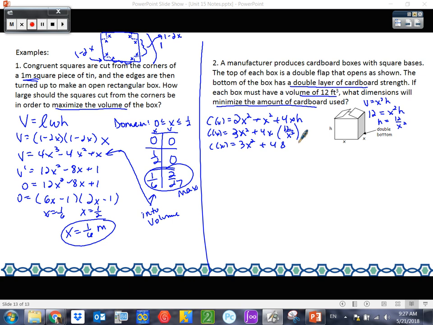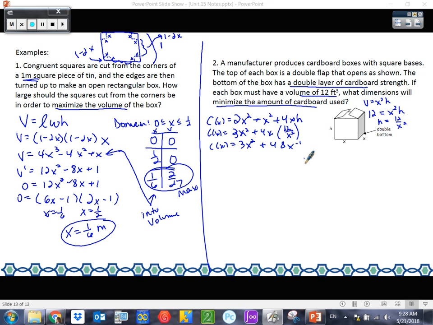That's what it would be, simplified: 48 over x. But I would like to use the power rule instead of doing the definition of the derivative. And so instead of writing 48 over x, I'm going to write it as 48x to the negative 1. Are we okay with that? Just 48x to the negative 1. The reason being, I want an easier time taking the derivative. This will be easier for me. I can use the power rule on this.